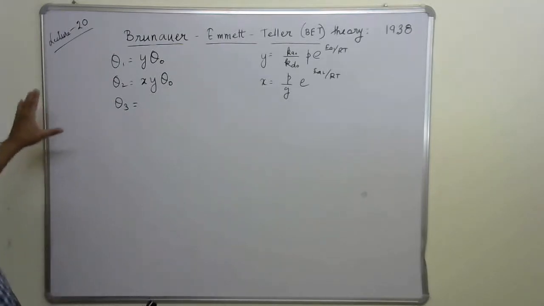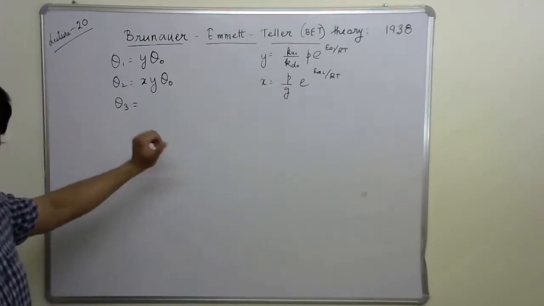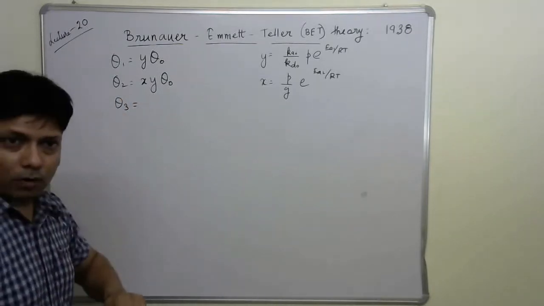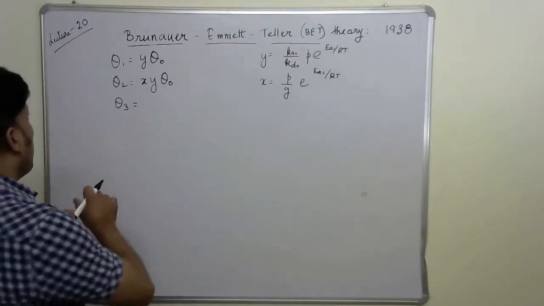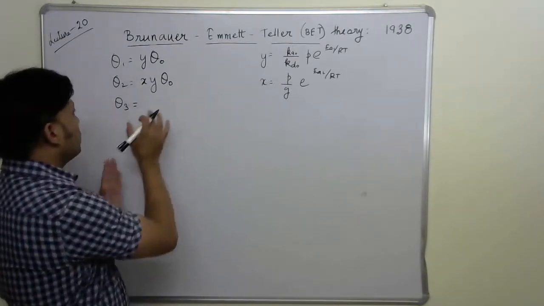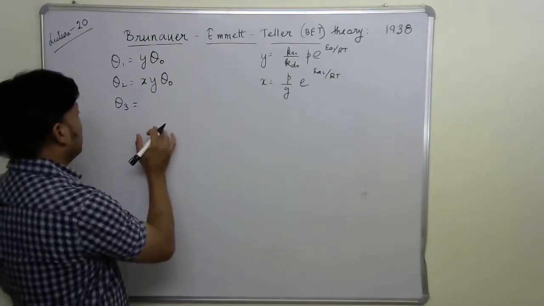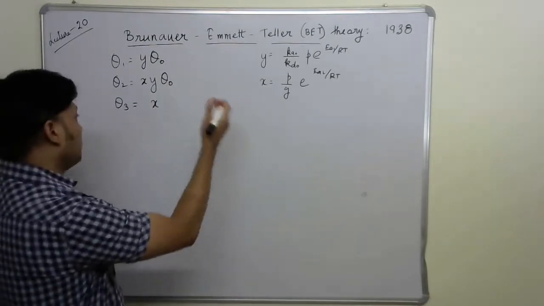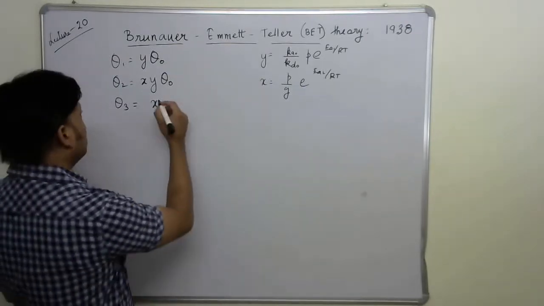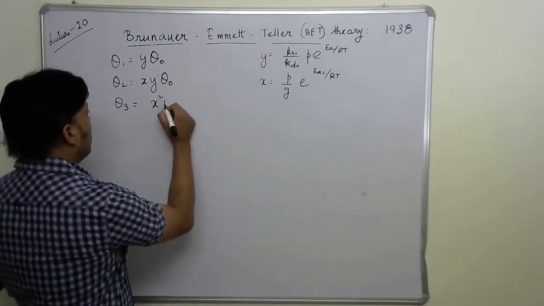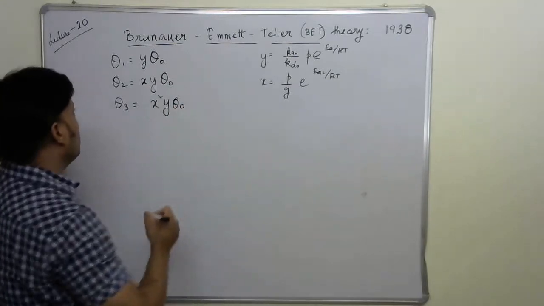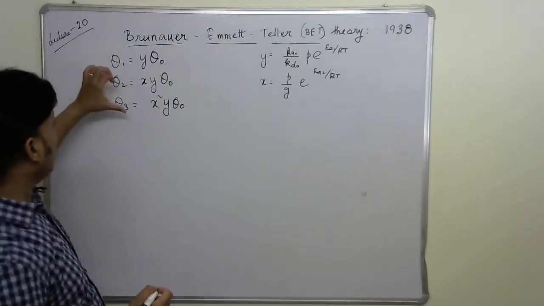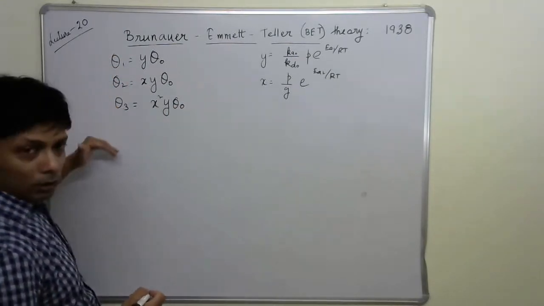So I have rewritten the expressions once again on the board. So far what we have got. Since theta 1 is equal to y theta 0, theta 2 is equal to xy theta 0, so theta 3 is equal to, we can expect, and you can also do the same thing, but you can arrive at the same conclusion, that x square y theta 0. So we are adding one term x with every theta we go down.